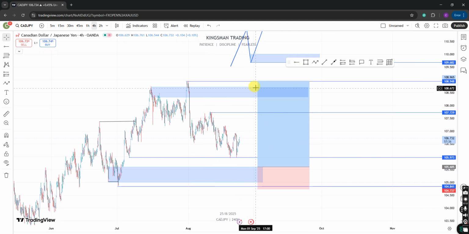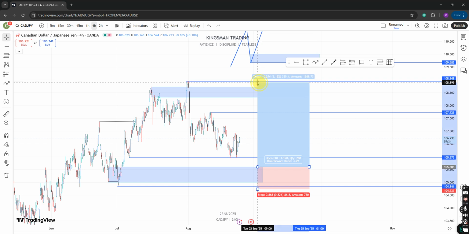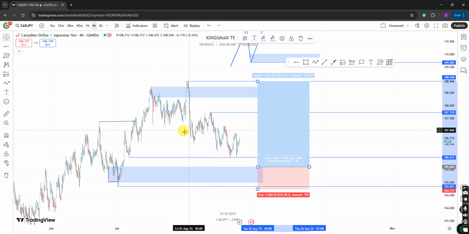I hope you understand why I'm taking the buy and why I'm not going to be taking the sell. Because number one, the sell is against the structure of the market. It's a sell on an uptrend market, which is counter trading, which we don't want to do.